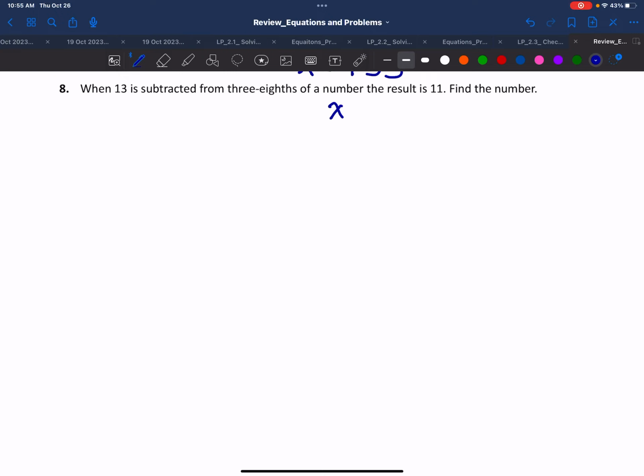Now, when 13 is subtracted, it means that subtracted means minus 3/8 of a number. Remember when we say of, it's multiplication. 3/8 is a fraction, 3/8. The result is, and whenever we say is, it means equal to 11. So we are subtracting 13, reword the question.